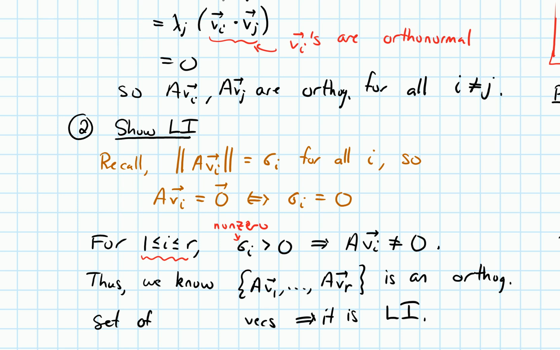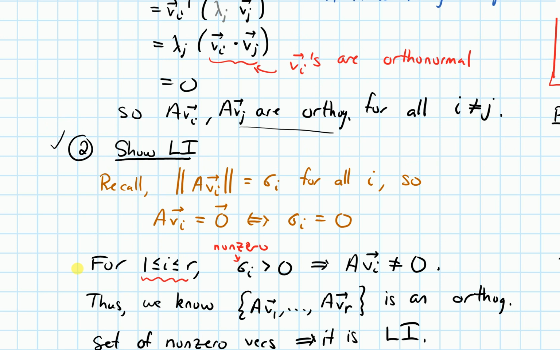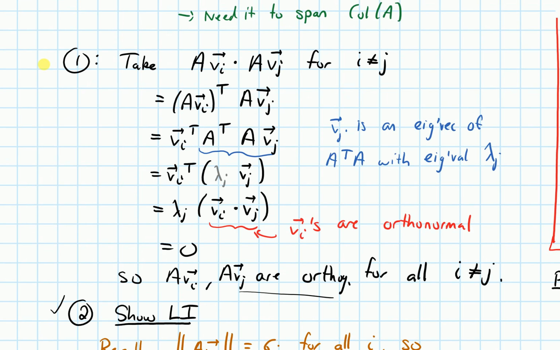So at this point, we know that our set of vectors, AV1 up until AVR, is an orthogonal set because we did that up above. And now we know it's also a set of non-zero vectors. We've established a theorem back in chapter 6 that said if we have an orthogonal set of non-zero vectors, it is definitely linearly independent. So that shows linear independence. We've shown linear independence, we've shown orthogonality.